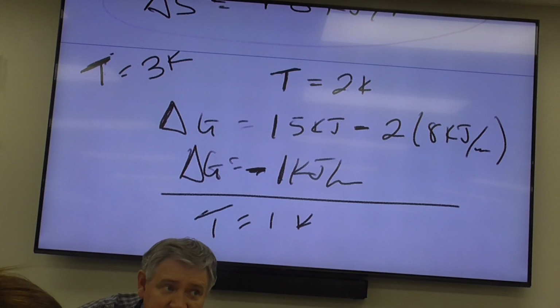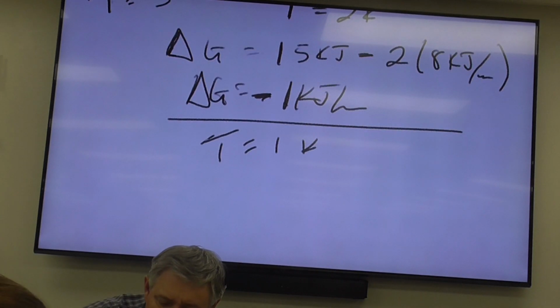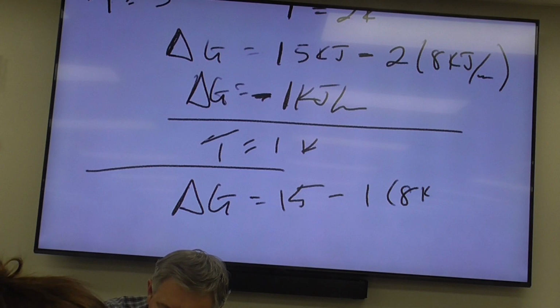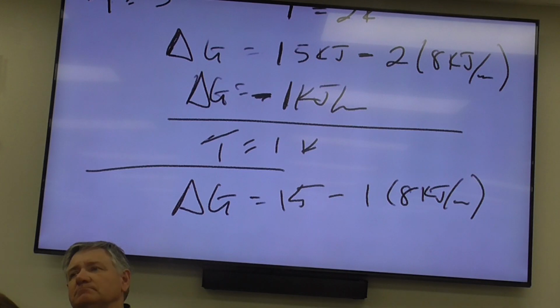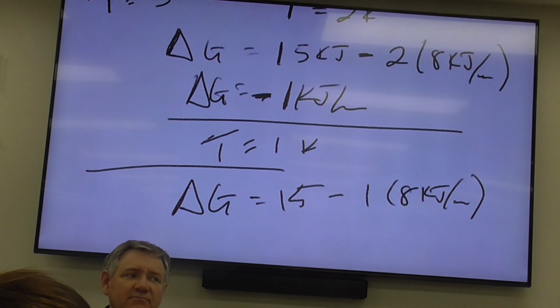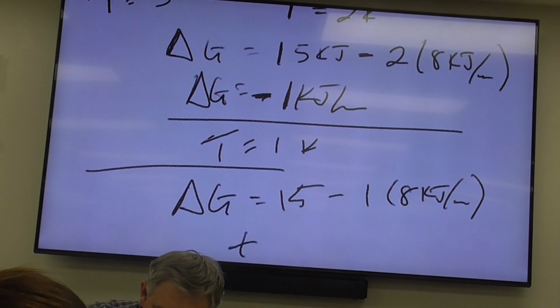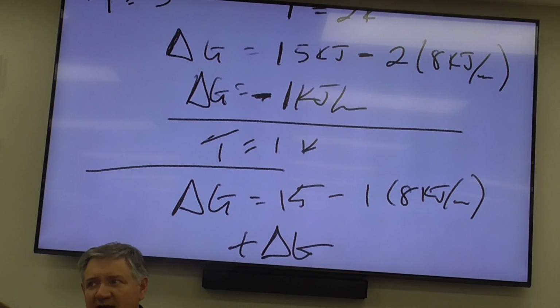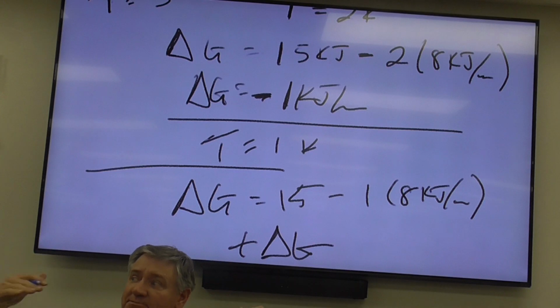So now I want to drop the temperature to 1. So now delta G is going to equal 15 minus 1 times 8 kilojoules per mole. 15 minus 8. What am I going to get? 7. Positive or negative? Positive. So now I've got a positive delta G. What's going to happen? Will the reaction happen? No. So if I drop the temperature too low, the reaction isn't spontaneous.